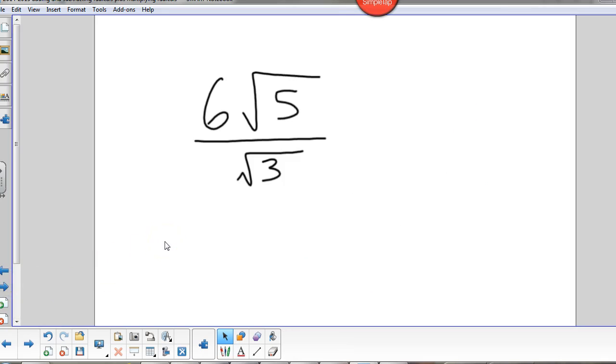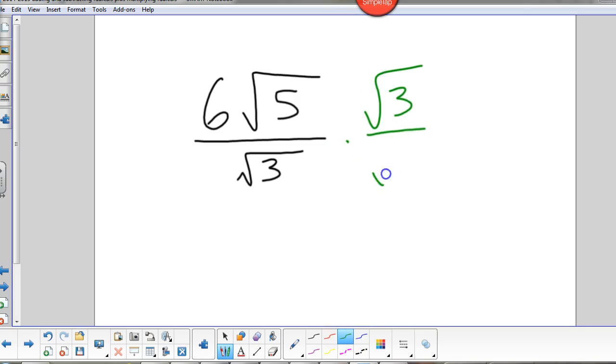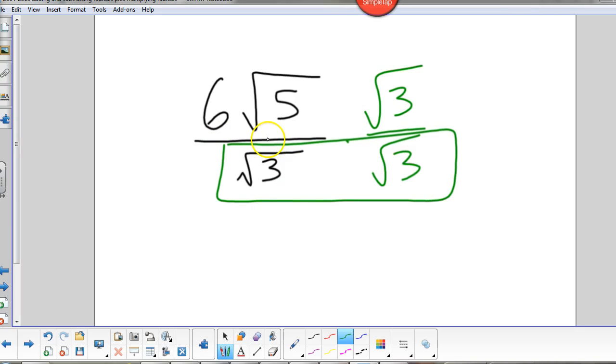All right, last one I want to do is I'm going to rationalize this denominator. I can't divide these, they don't come out evenly, so I'm going to multiply both sides, top and bottom rather, by root 3. This is the magic 1. All right, root 3 times root 3 from our discussion today becomes 3. And 6 root 15. And I'm going to be able to cancel here.